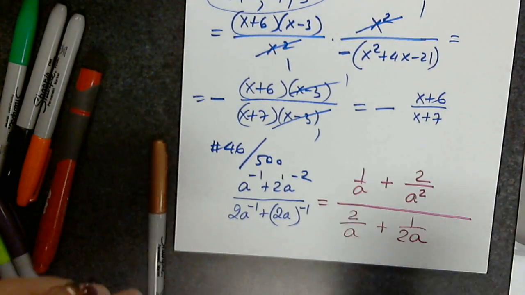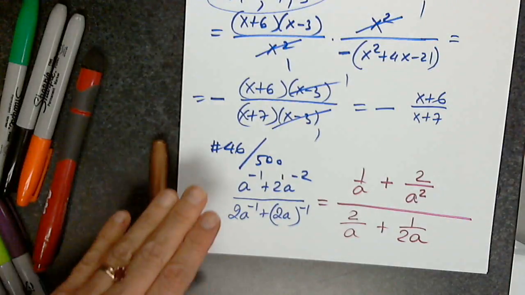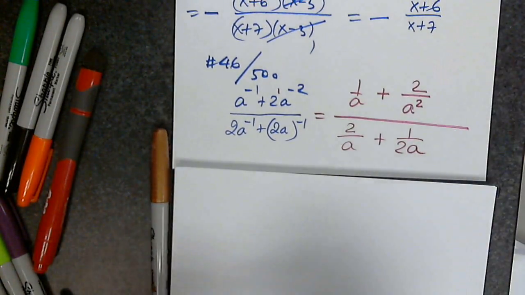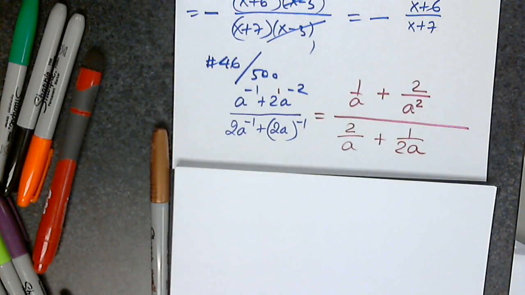Exactly. So now this I know how to handle. But I have to remember the negative power. Okay, so let's take one moment and work on this and see what we get. And then we are ready for chapter 12.